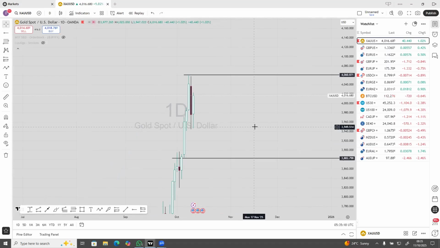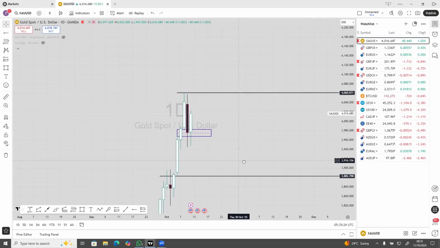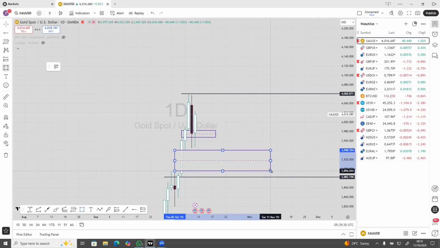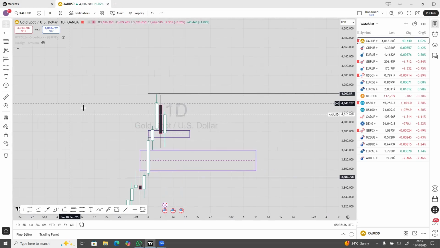On daily time frame, you can see it mitigates this daily fair value gap and we see a pullback going up. Down here also in the discount zone we have that unmitigated daily FVG.